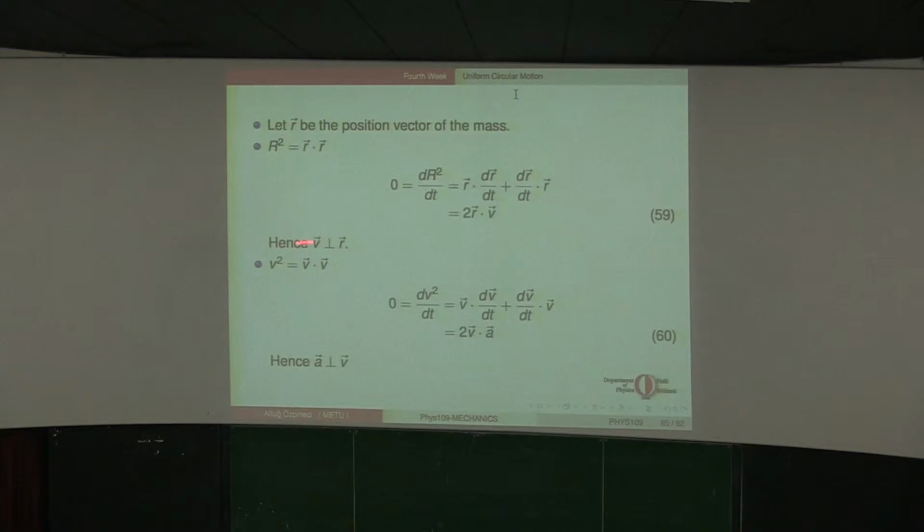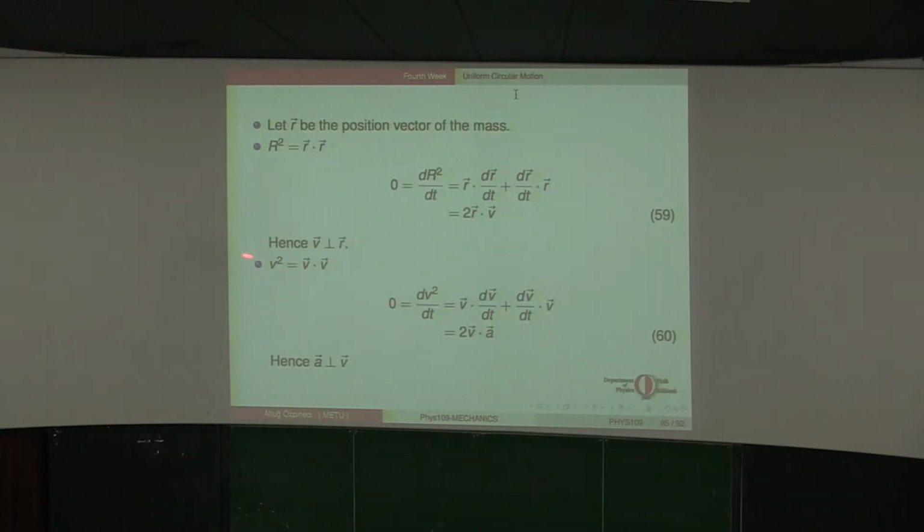Well, what else do we know? We know that the speed is constant. The speed is the magnitude of the velocity vector. So the speed squared we can write as the scalar product of the velocity vector with itself. Then we do the same trick: we take the derivative of both sides. We know that the speed is constant, so the derivative of v squared is 0.